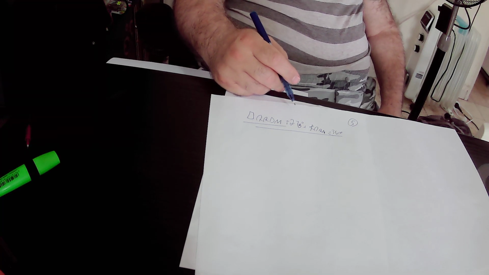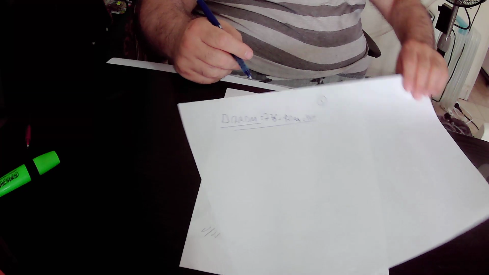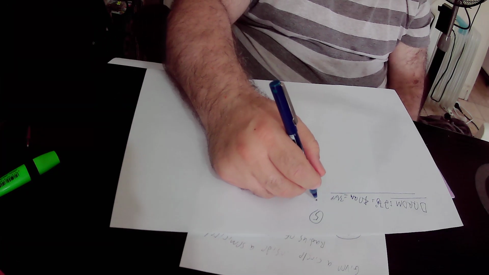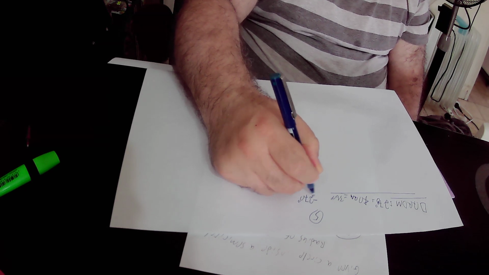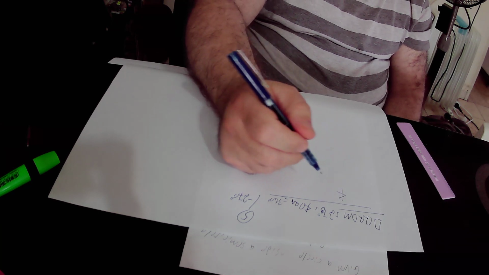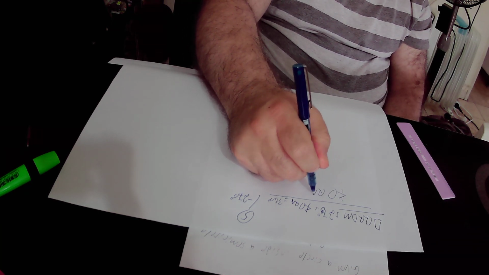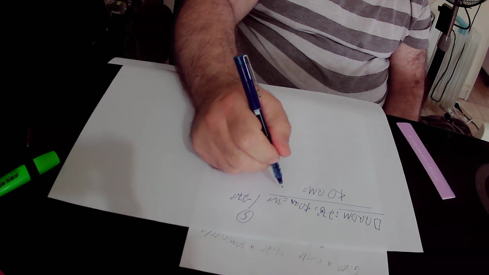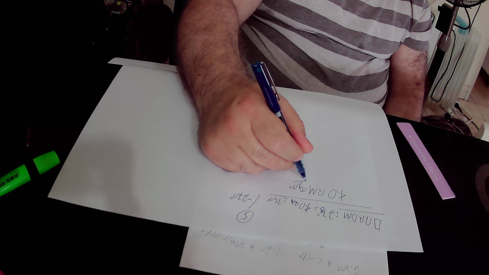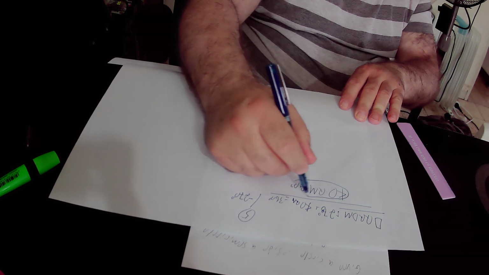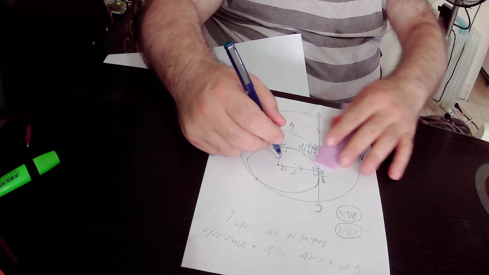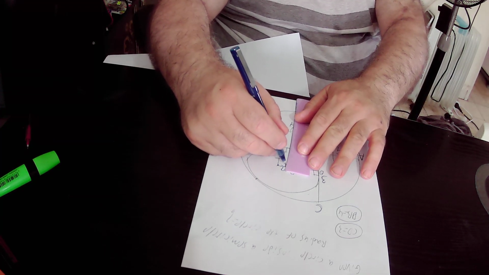We'll subtract 270 degrees from this equation, and we will get that the missing angle OQM is equal to 360 degrees minus 270 degrees, which is 90 degrees. So it is actually a right angle. So we found out that this angle is a right angle, equal to 90 degrees.